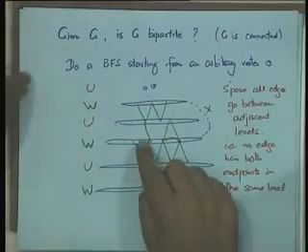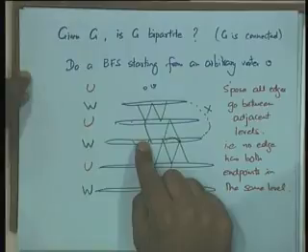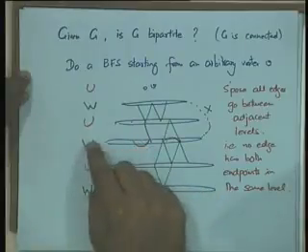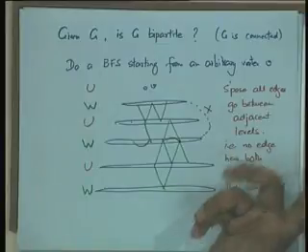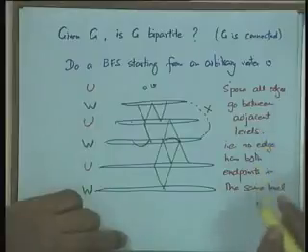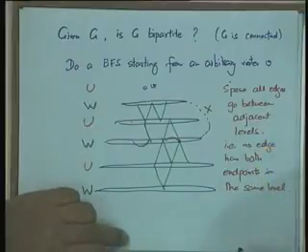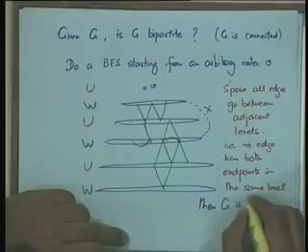Yes, if these red edges were not there, but if these red edges were there, then we can't say, because then such an edge is going between a vertex on the W side and another vertex on the W side. So if this were the case, all edges go between adjacent levels, that is no edge has both endpoints within the same level, then G is bipartite.